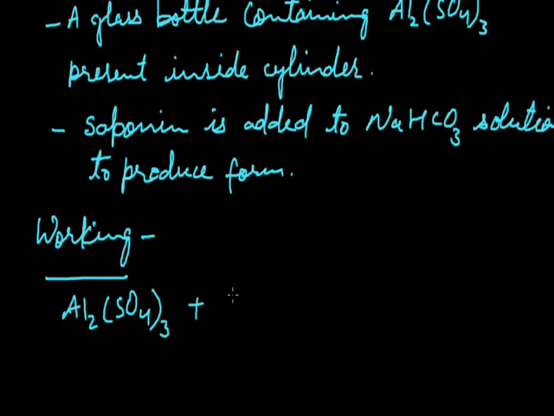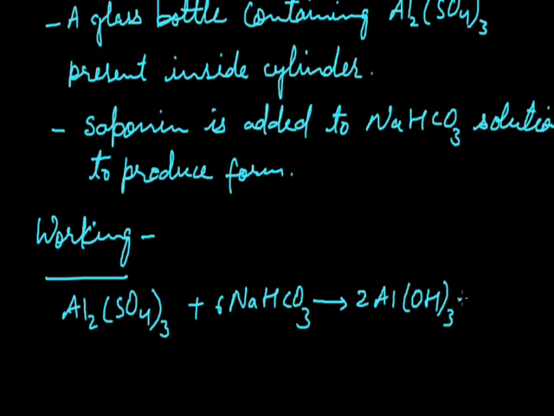Aluminum sulfate reacts with sodium bicarbonate, and in the form of products: aluminum hydroxide, carbon dioxide, and sodium sulfate, they are formed.